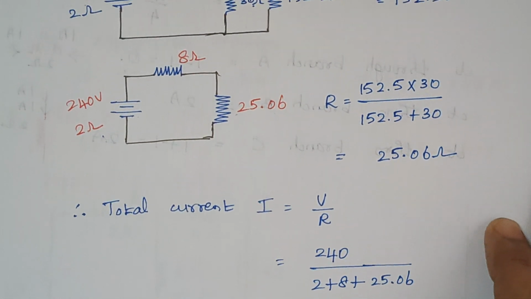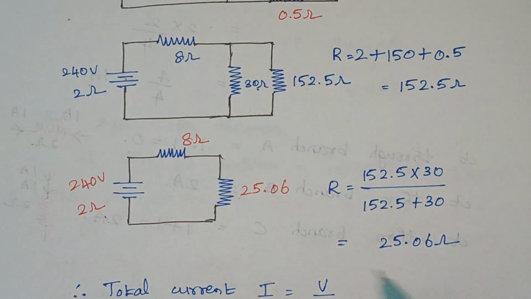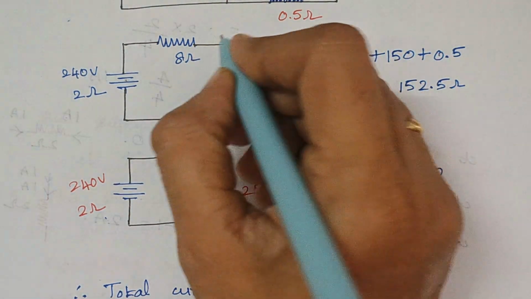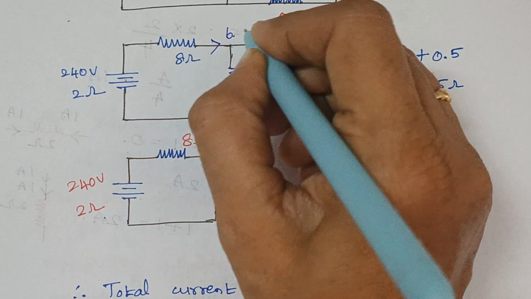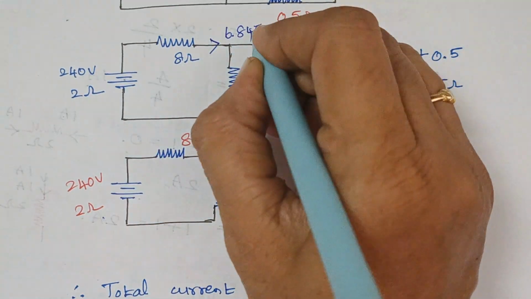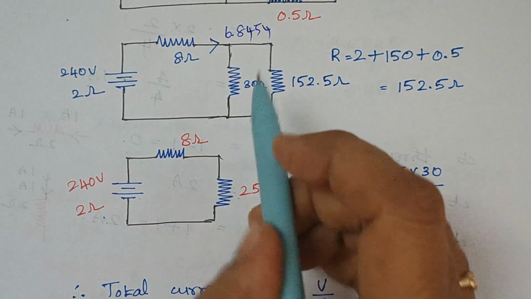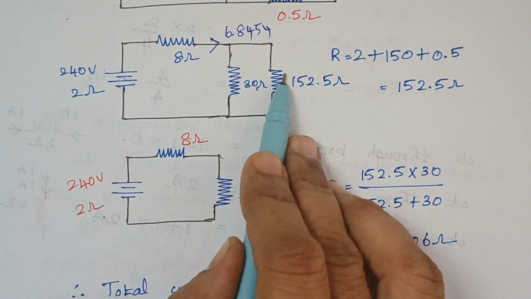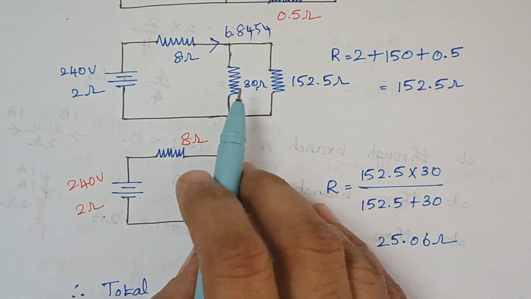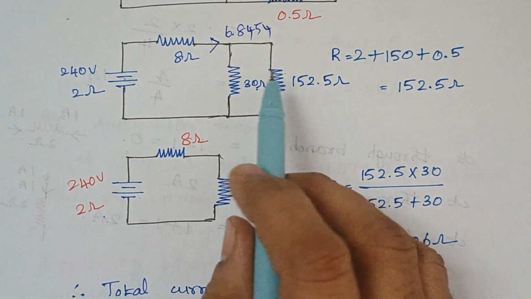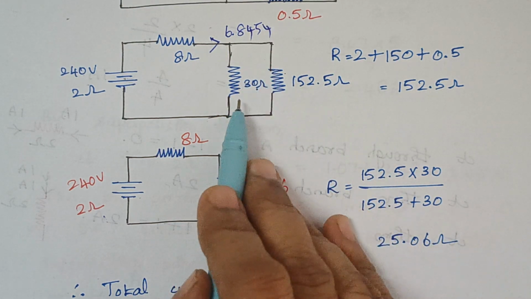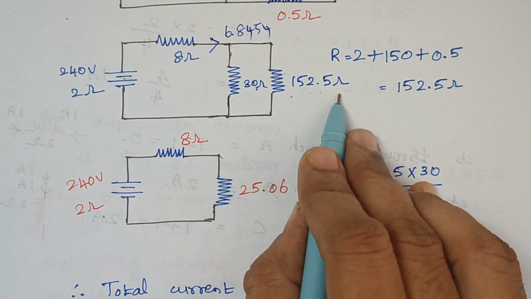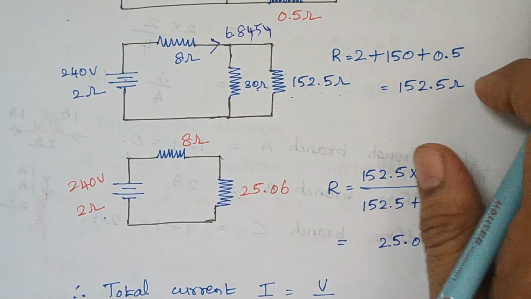So again, you gradually move back, right? Consider this circuit. So here the total current is 6.8454, right? So this current gets divided between these two resistors. By the current division rule, we can calculate the current that flows through this 30 ohm as well as through this 152.5 ohm. So how come this 152.5?